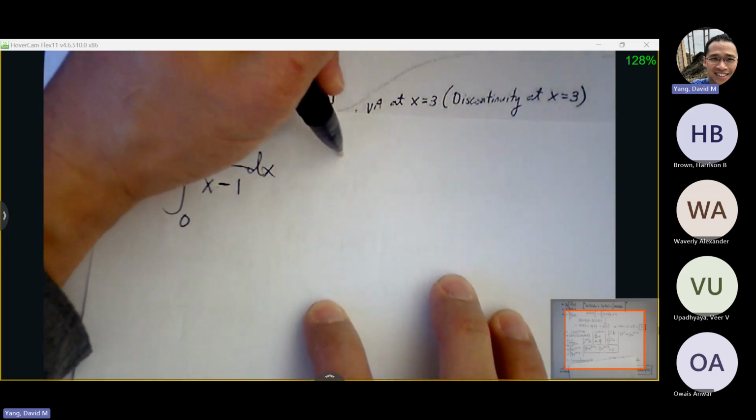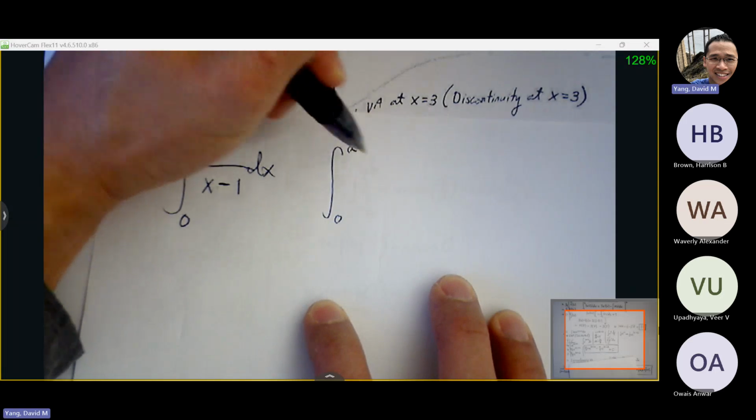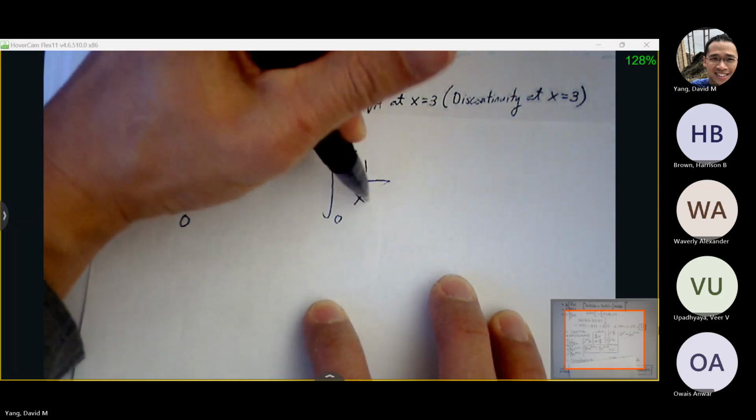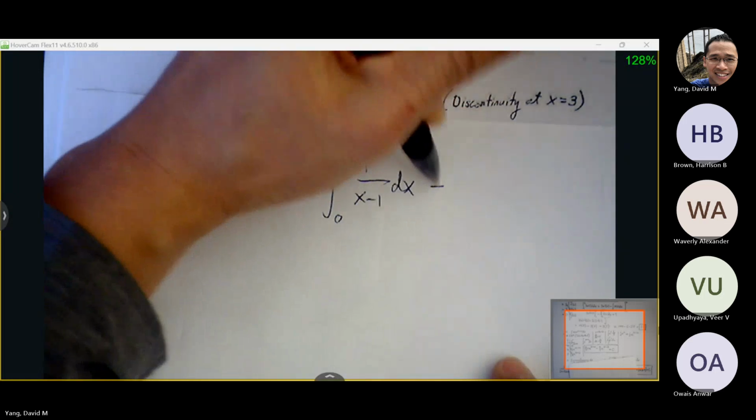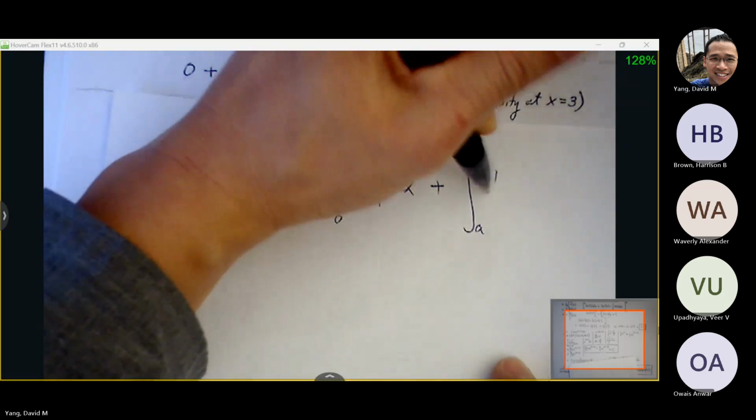So we have to break this up into from 0 to A, and from A to 3.